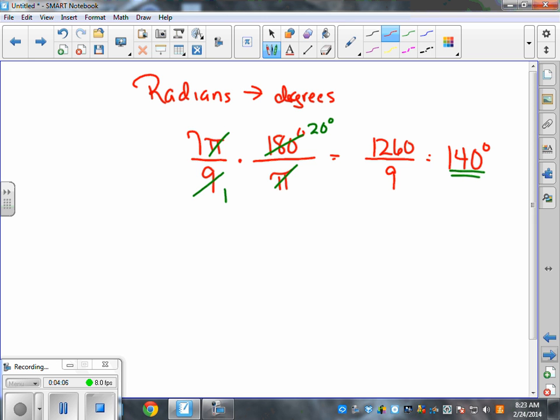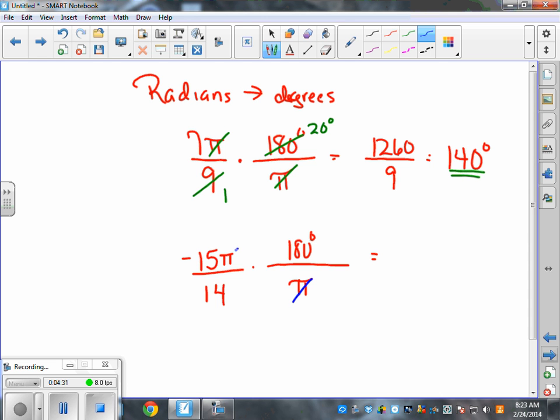All right, let's try one more of those. Let's say we have negative 15 pi over, let's say 14, and I want to convert that over to degrees. So we have 180 degrees on the top, pi radians on the bottom.